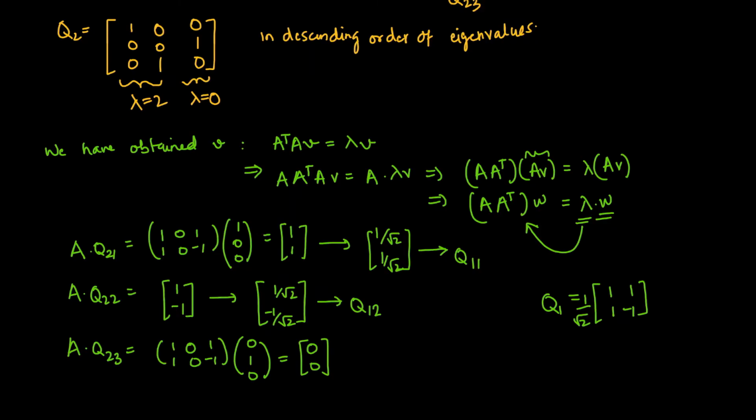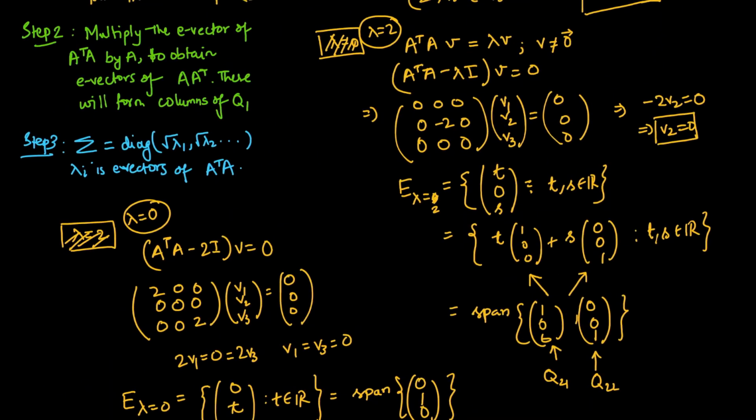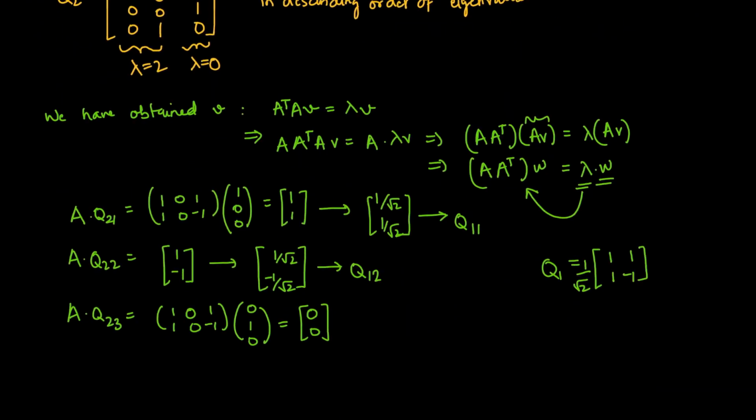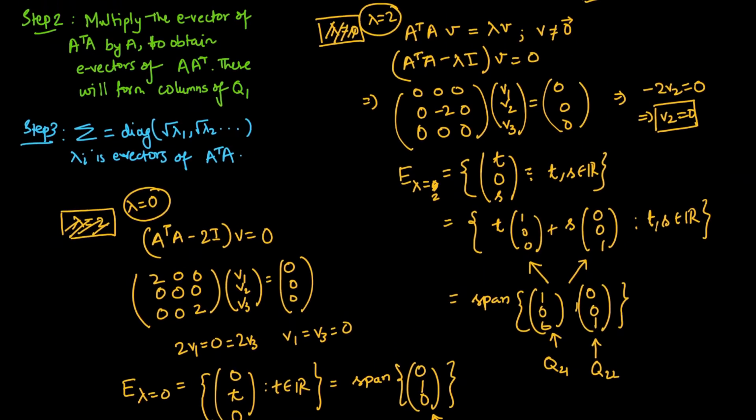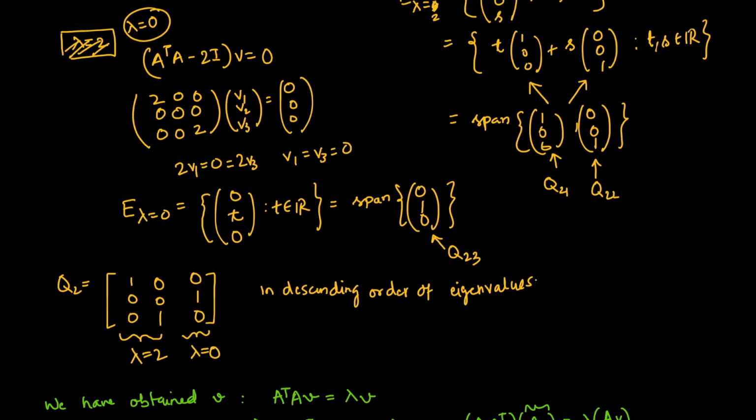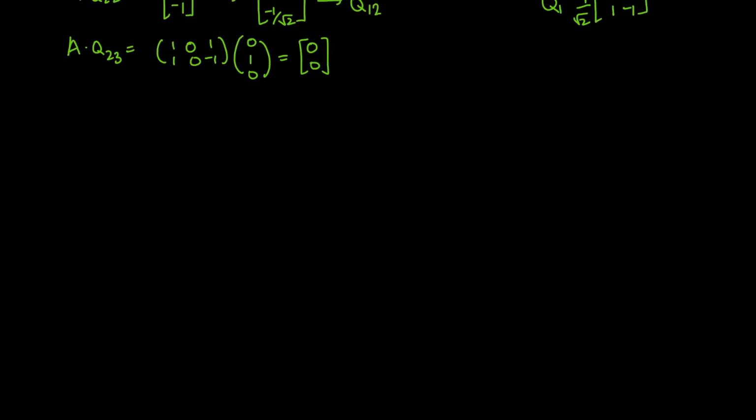So we've obtained Q2, we've also obtained Q1. Now we are left with obtaining sigma, right? So we know that sigma is nothing but, from this equation, let me write A as Q1 sigma Q2 transpose.